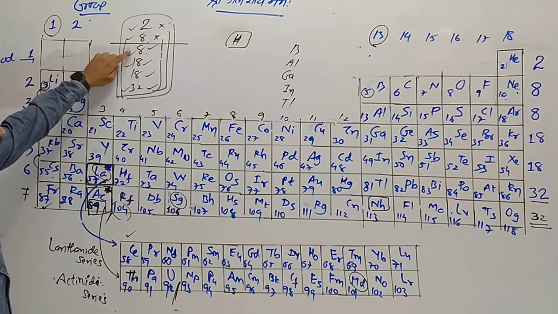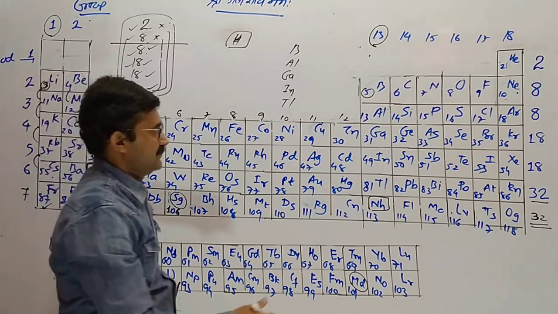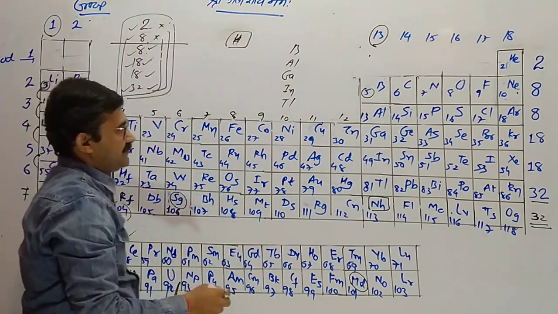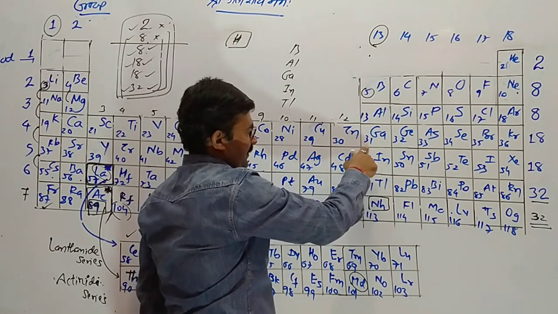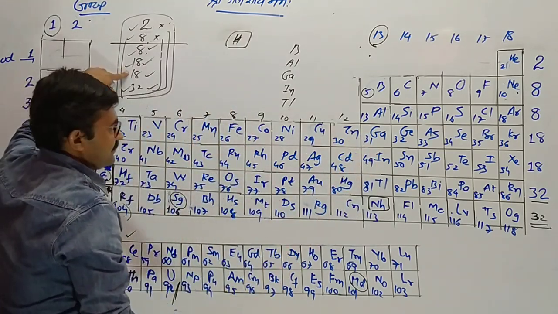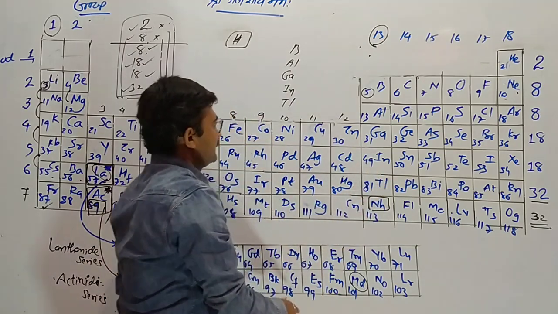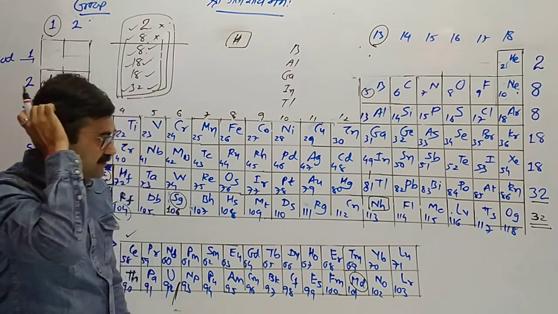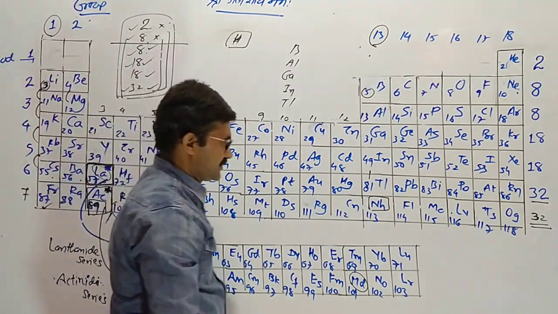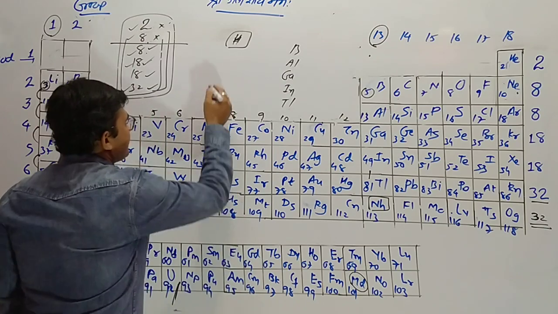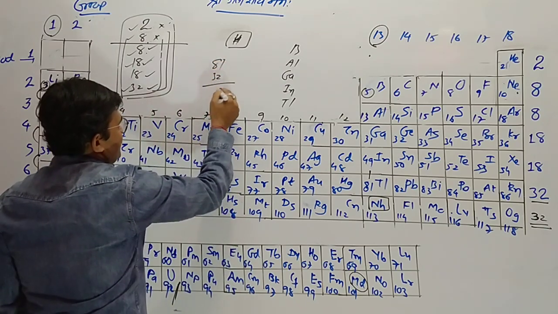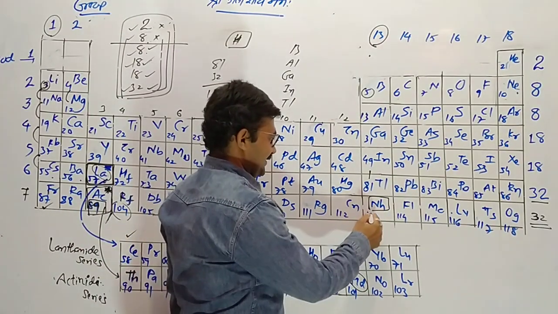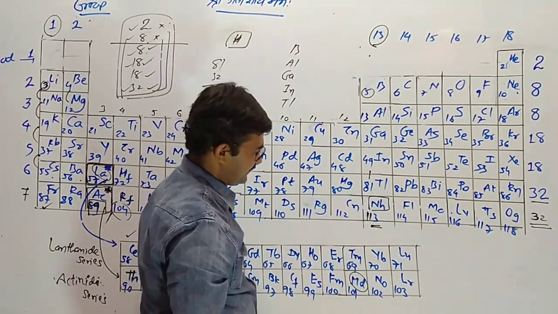Then we can apply our codes: 5 plus 8, so you can see 13. 13 plus 18, so 31. 31 plus 18, so 49. 49 plus 32, so 81 now. So what about nihonium? Then add 32. 81 plus 32, so 113. And another trick is also that your last 2 digits are 13.